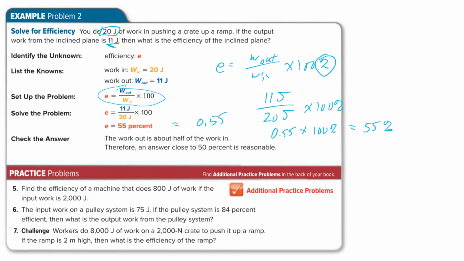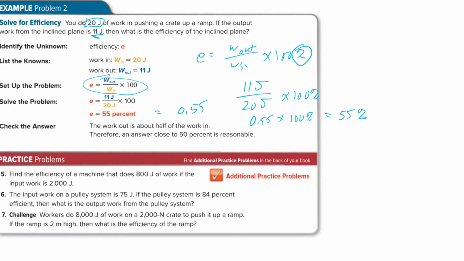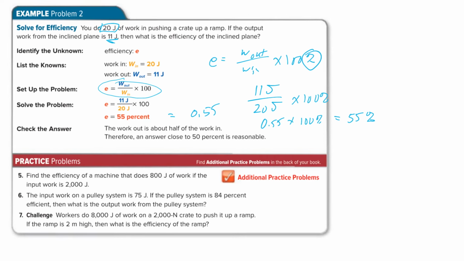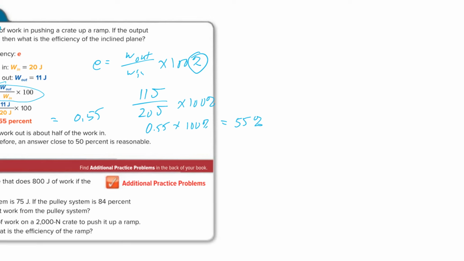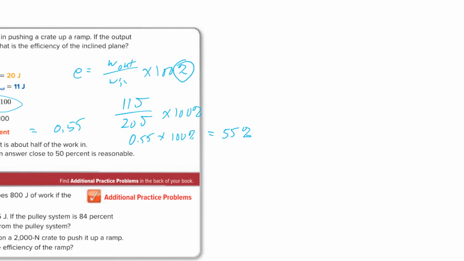So that's one way to calculate these. Now, I don't know if any of the problems actually give you a percentage, but sometimes they will. So maybe you were told that you have an inclined plane with an efficiency of 55%, and you have to put 20 joules worth of work in. And then how much work would you get out of that?